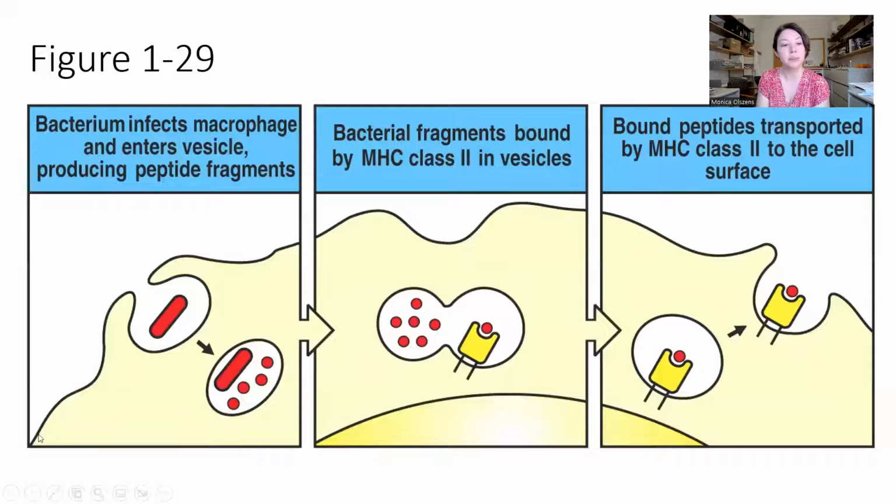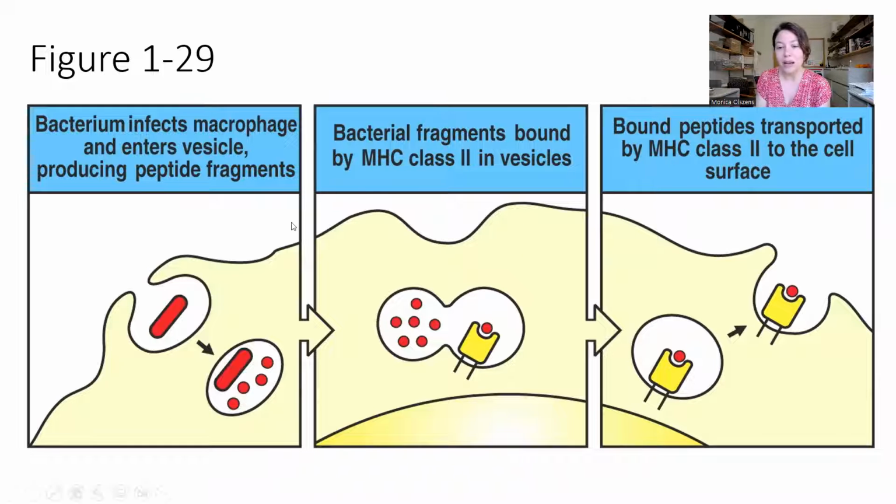Okay, so here's the example. They're saying that there's a bacterium on the outside. It gets eaten by the macrophage. It gets brought into the lysosome and broken into little pieces. One of these little pieces gets put on an MHC class 2 because they're found in vesicles, not in the endoplasmic reticulum.